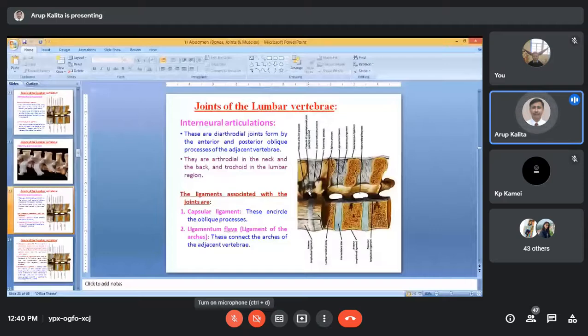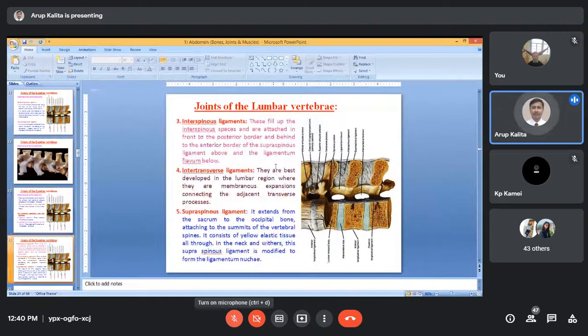Now the second ligament is the ligamentum flavum. So which one is the ligamentum flavum? Here, in this area, this ligament is the ligamentum flavum. Third is the interspinous ligament.